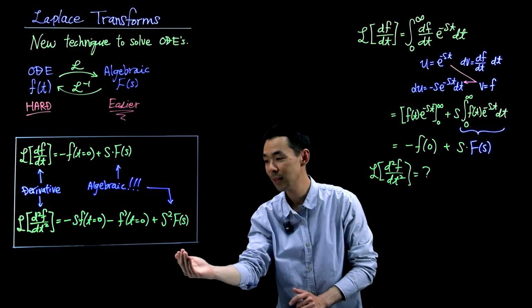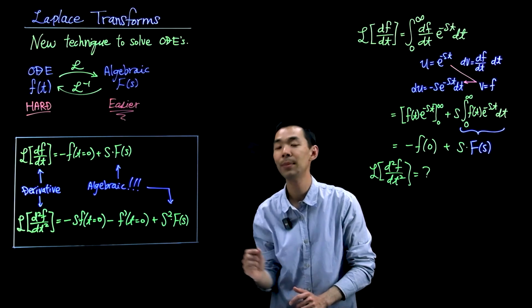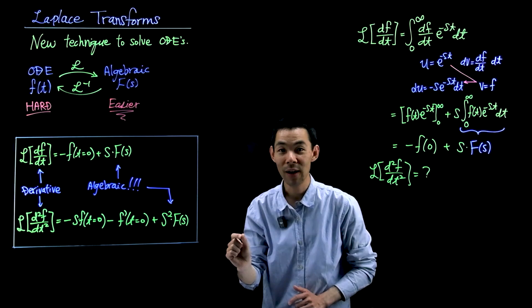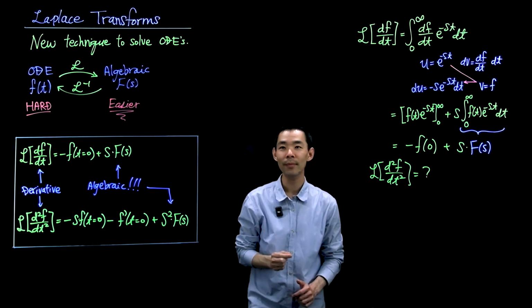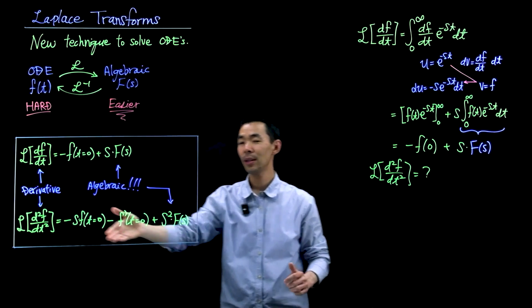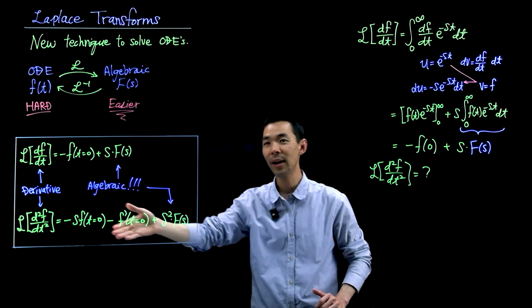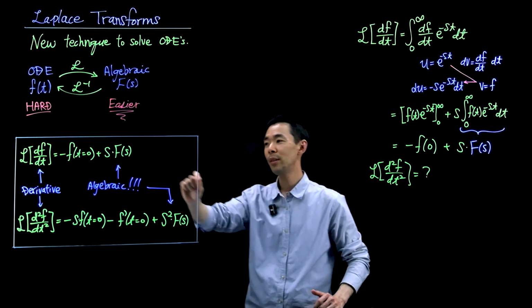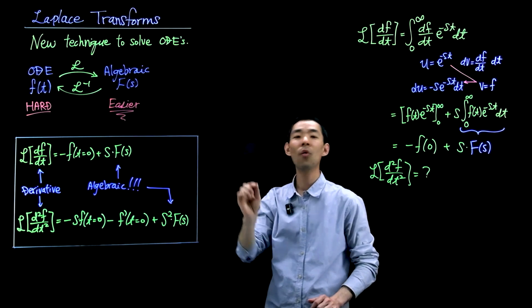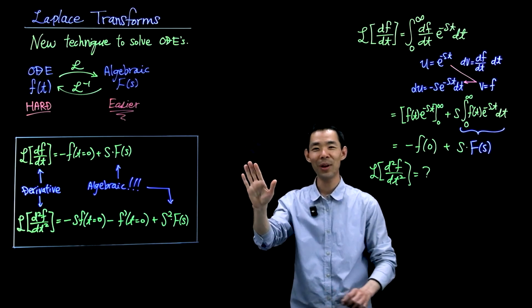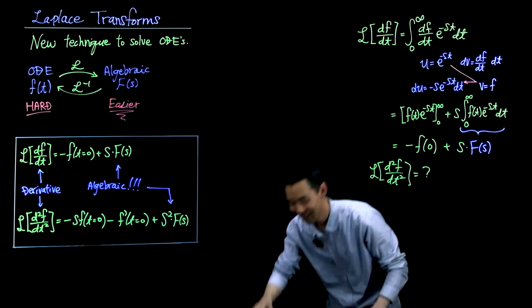And the last term on the right-hand side, we have s squared times the Laplace space transformed capital F as some function of s. I've boxed this. You might want to, at this stage, take a screenshot of this box because you're going to use these two formulas over and over again whenever you're operating on a differential equation. I'll get out of the way so I don't contaminate the screenshot.